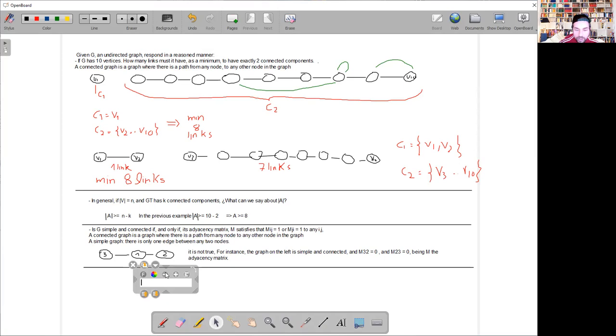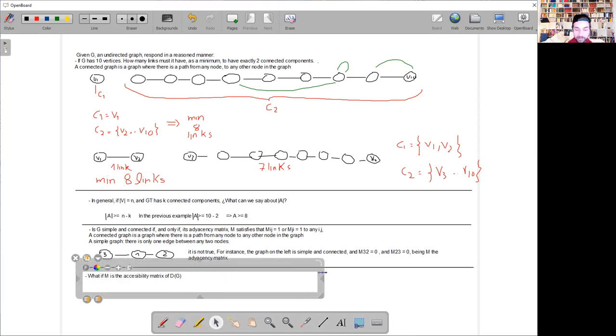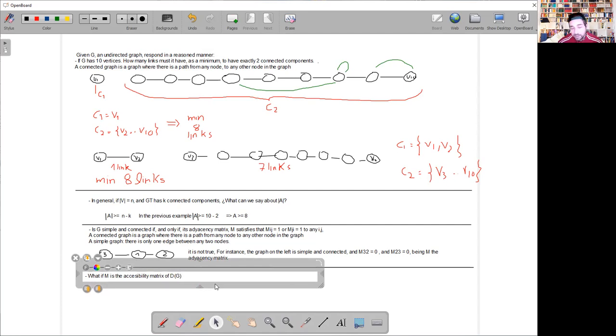And the final question for this problem is, what if M is the accessibility matrix of the directed version of this graph, right? And we have all ones on that matrix.